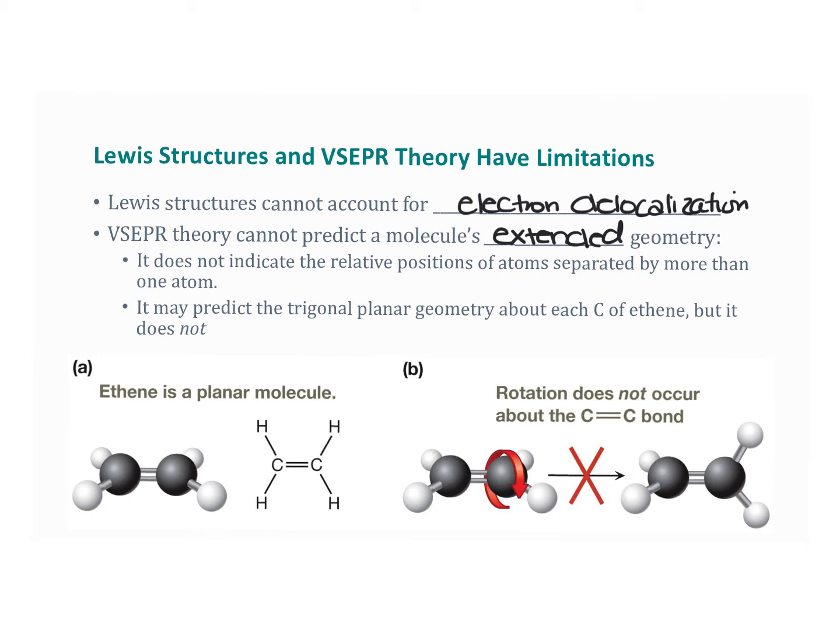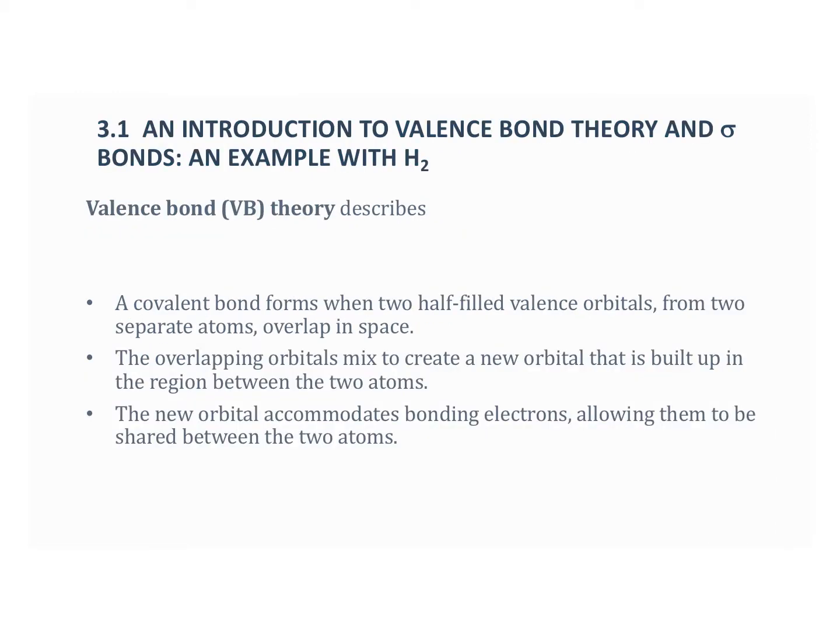So let's talk about another theory that helps us understand molecules. Recall that Lewis structures describe a covalent bond as the sharing of valence electrons between 2 atoms. We've learned that from General Chemistry 1.